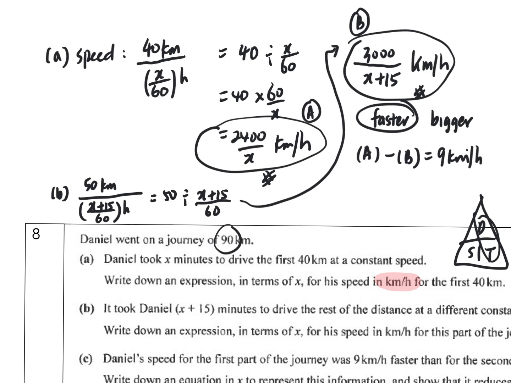Okay, so this is what they are trying to say. So put it in 2,400, 3,000, then equals 9. So this is the expression I need you to see. The rest is just your algebraic simplification.